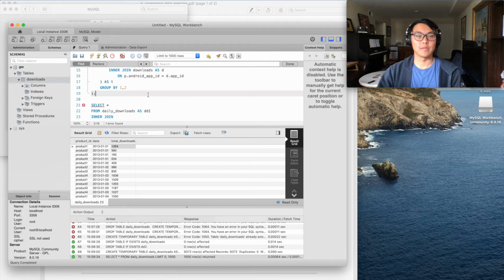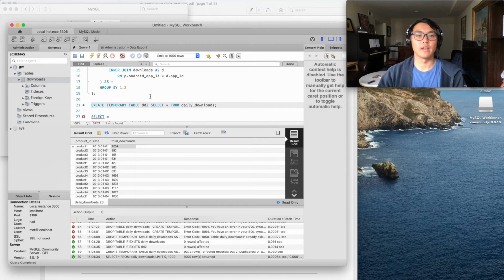Oh, and it doesn't let you reference tables twice, so we have to create a second temporary table called dd2, select all from daily downloads, and then it lets us insert the value that way.